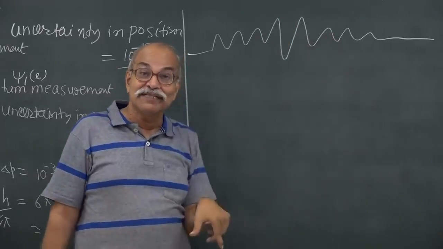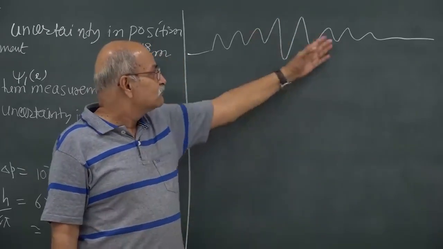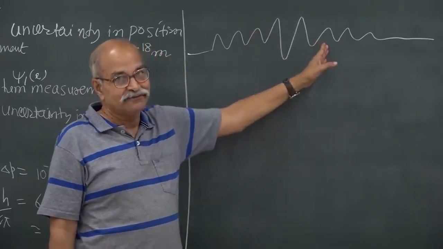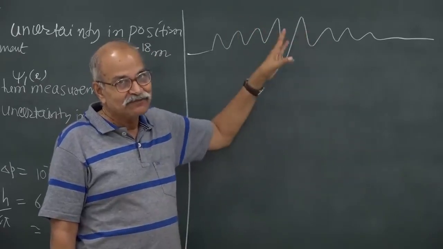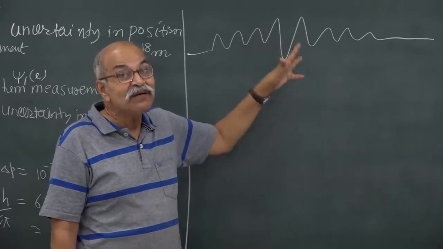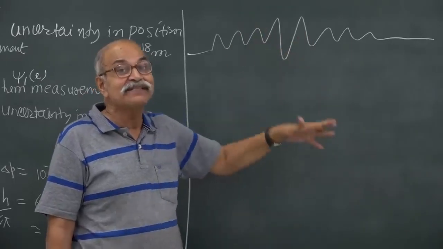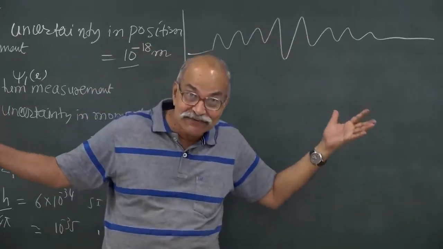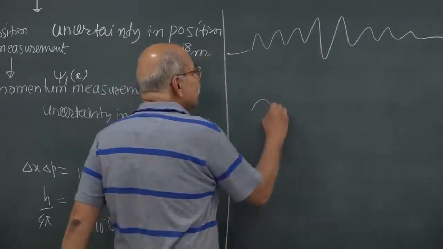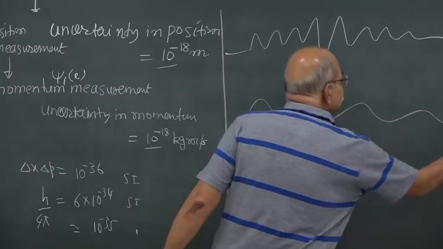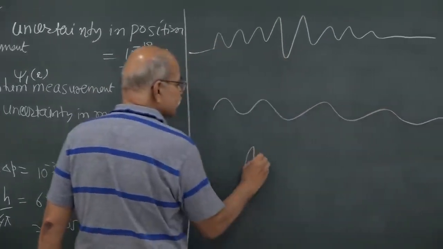And similarly, momentum. Now, this particular wave function can be obtained from the superposition of a large number of plane waves extending from minus infinity to plus infinity with a fixed lambda. So I have a wave like this, and a wave like this, and so on.